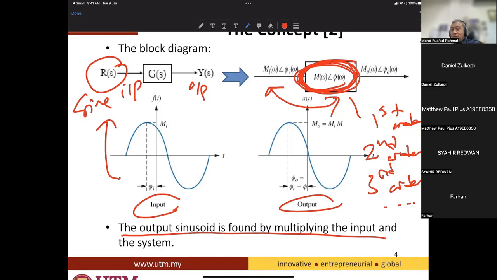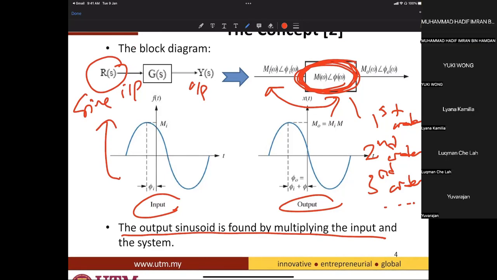Also cannot answer. Farhan. What is the definition of first order system? Tak datang. Yuki Wong. Yes, Doctor. What is the definition of first order system?